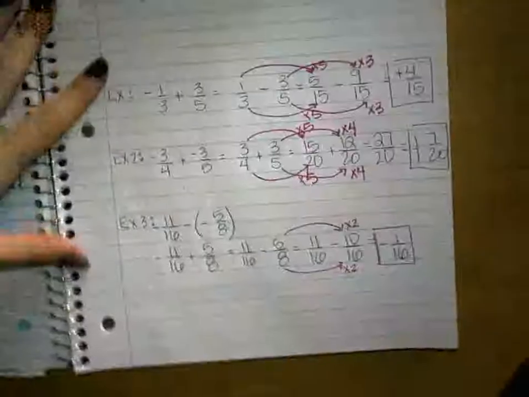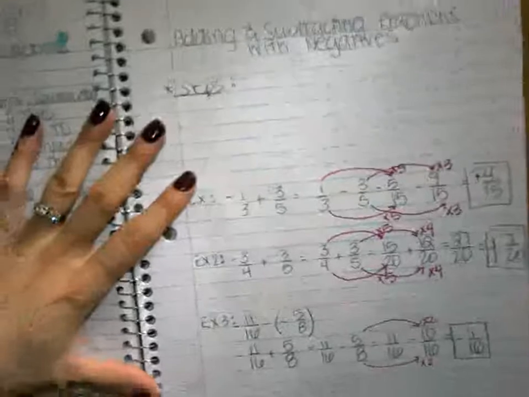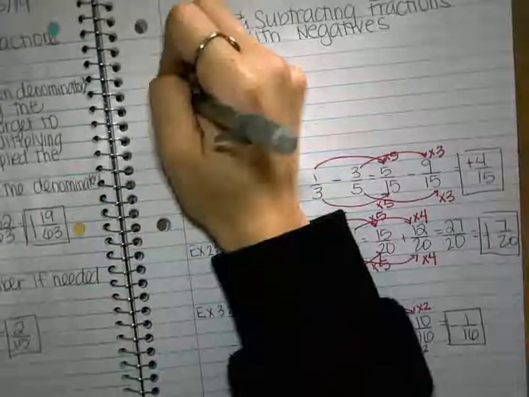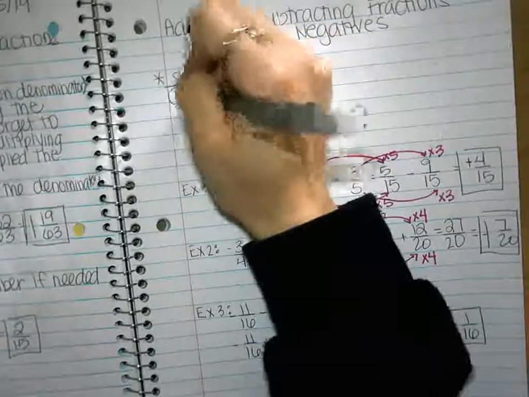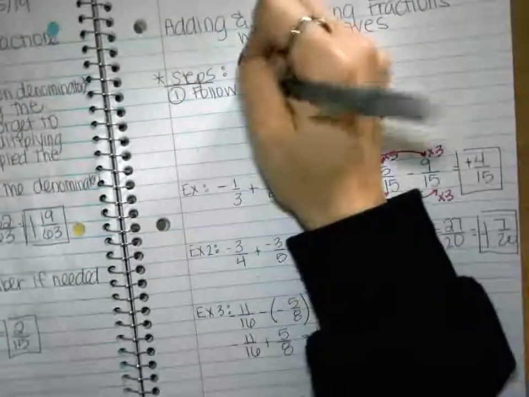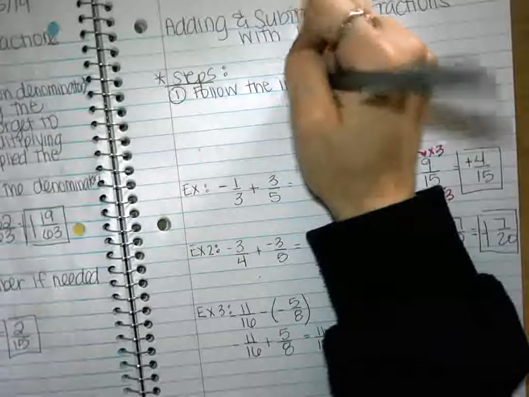Alright, so back up to the steps. Let's just write them down really fast. Step 1 is really just to follow your integer rules. So follow the integer rules.